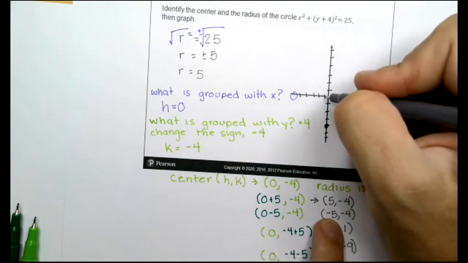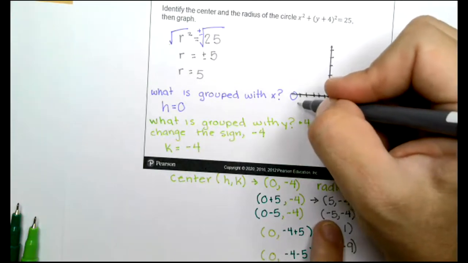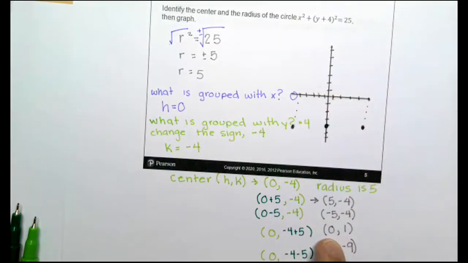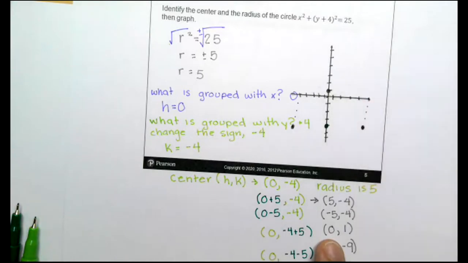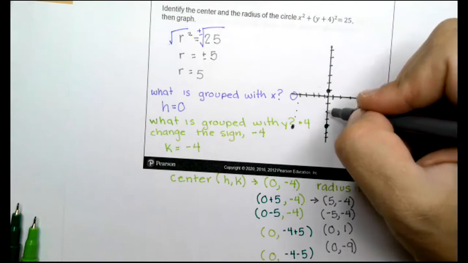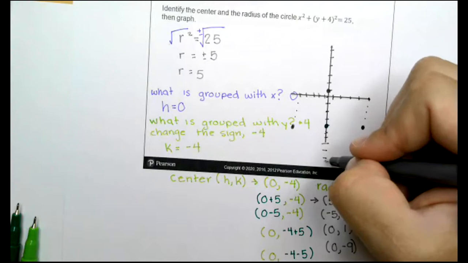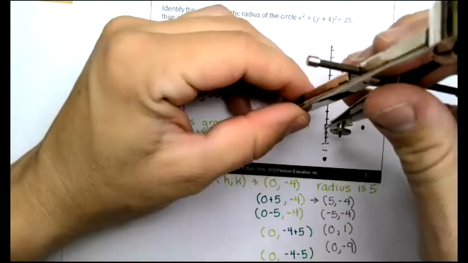And then we're going to have negative 5, negative 4. And then we're going to have 0, 1. And then we're going to have 0, negative 9. 7, 8, 9. And then we just connect those the best we can, right?